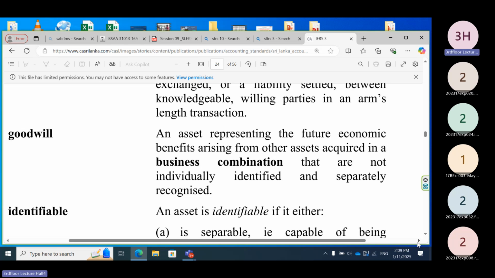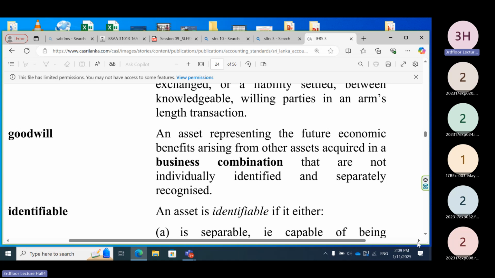A company purchasing 80% means they are giving a kind of consideration. B company is a single entity.